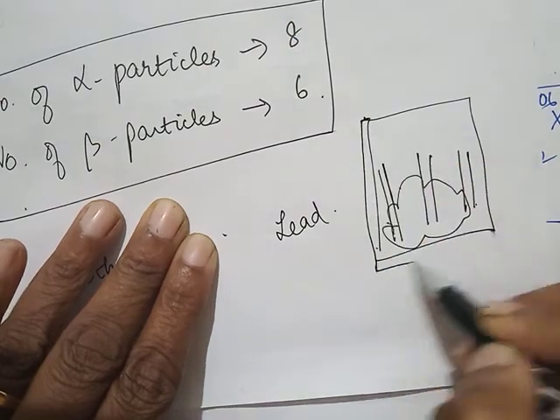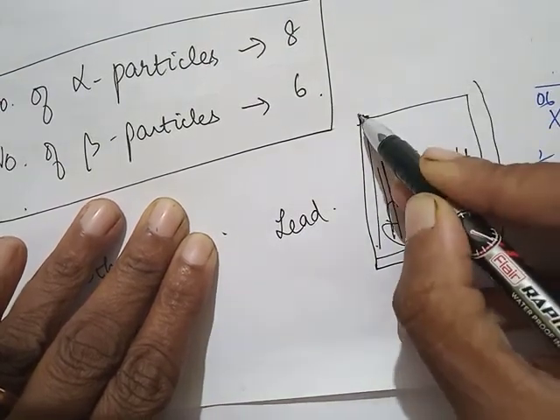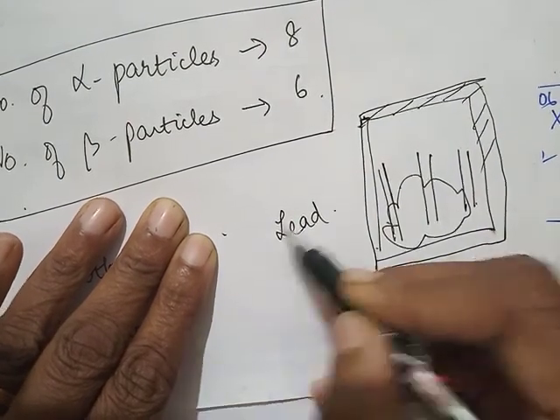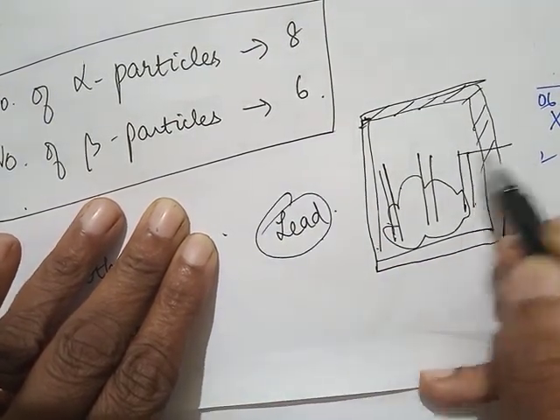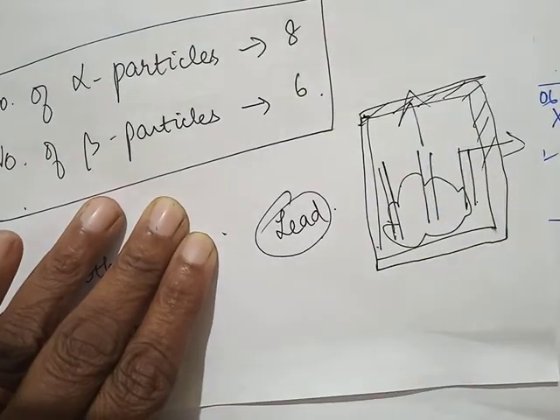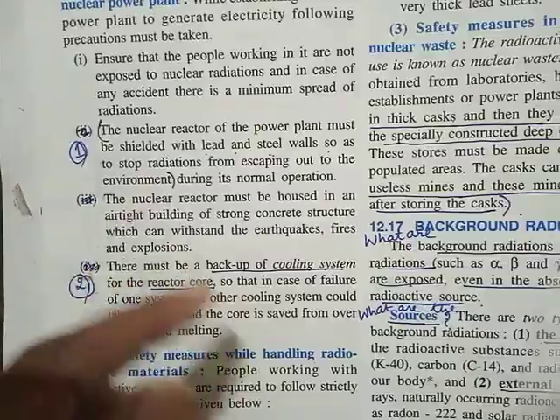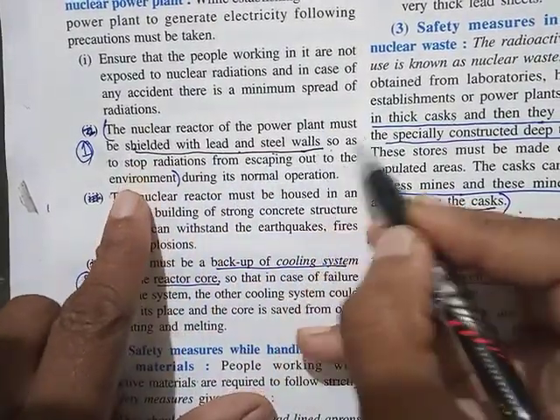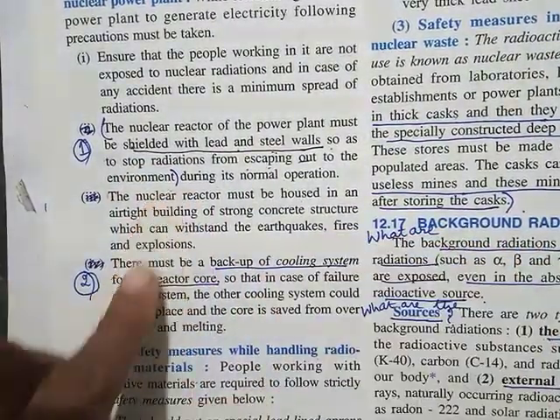So this container, this one, they make it out of lead or steel. Lead is mainly, it will not allow these harmful radiations to go out. Okay, so that is why the nuclear reactors must be shielded with lead and steel walls so as to stop radiations from escaping to the environment.